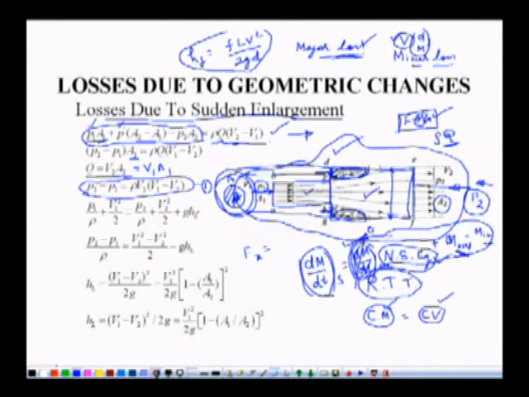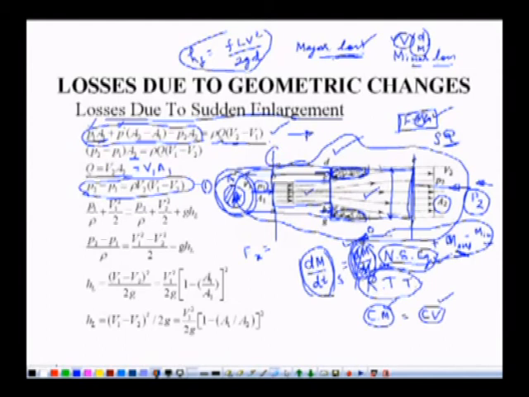Now our aim is to find out head loss due to this process. In this term we have not come across the term in which we are interested. So let us apply another governing principle, that is Bernoulli equation between AB and EF.